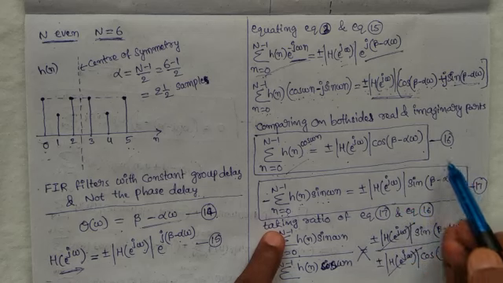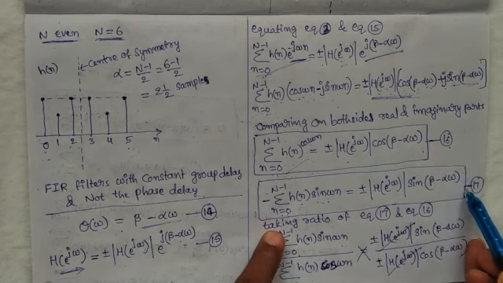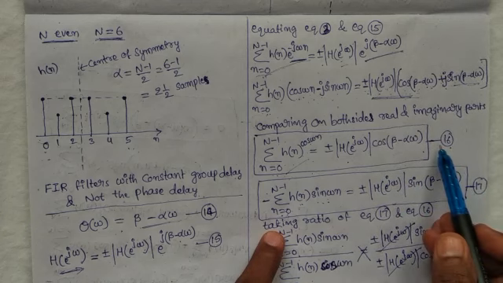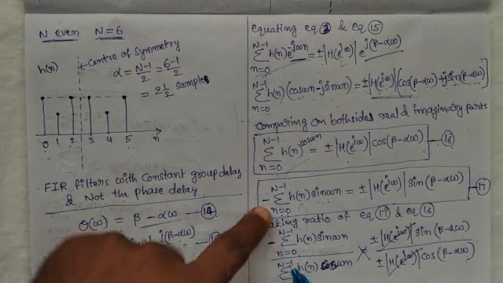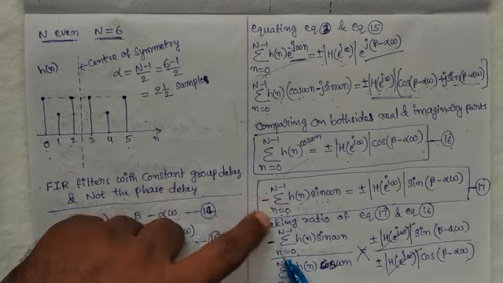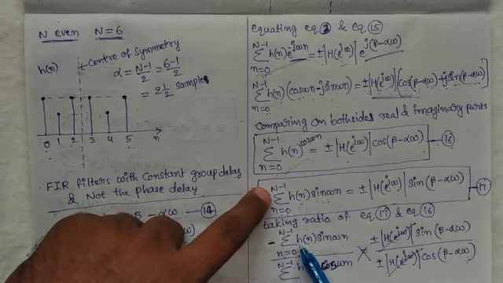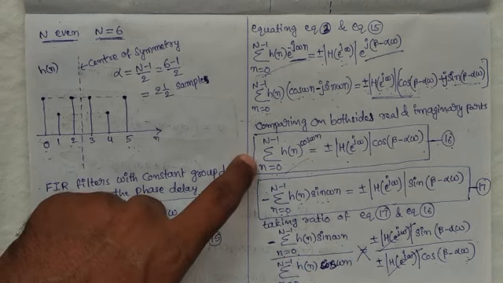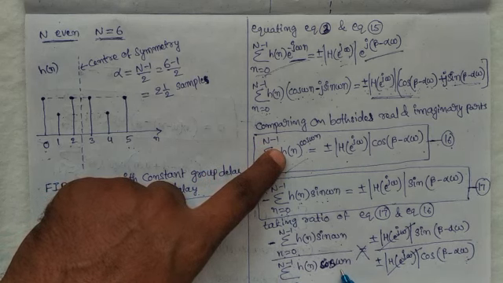This is equation 16, this is equation 17, and now we take the ratio of equation 17 and equation 16. On the left hand side we observe minus summation n equals 0 to capital N minus 1 h of n into sin omega n by summation n equals 0 to capital N minus 1 h of n into cos omega n.